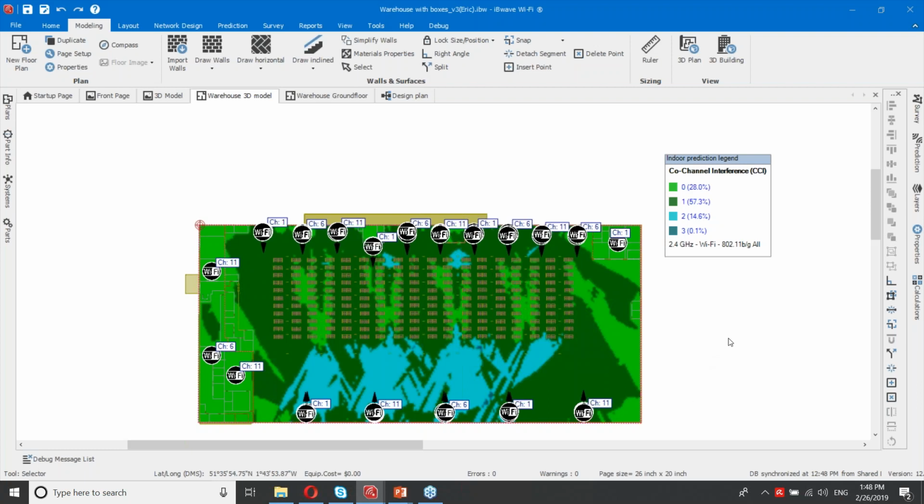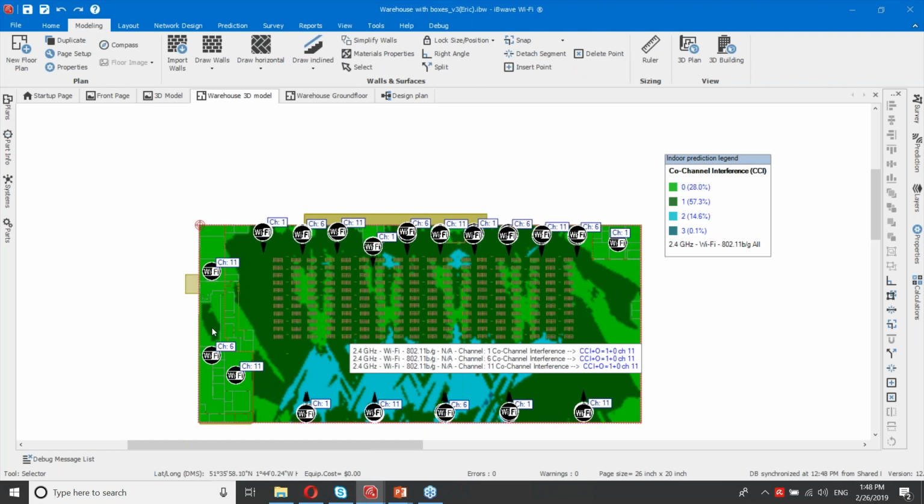So this, in a nutshell, is how you would approach a design of a warehouse. Try to use directional antennas and mount them on the opposite wall of the warehouse.